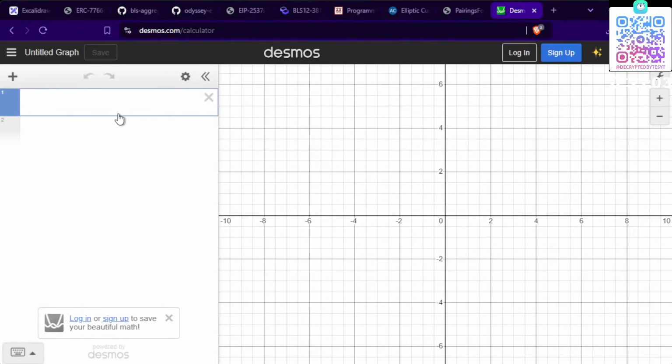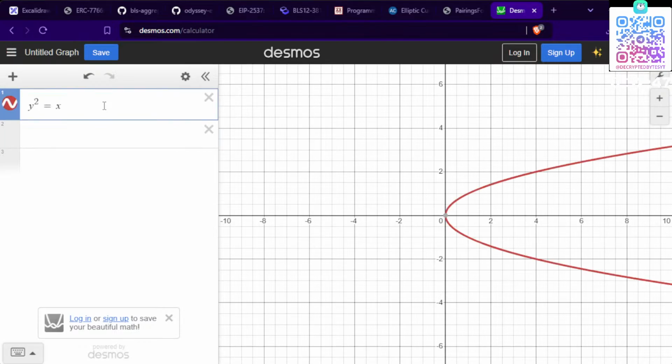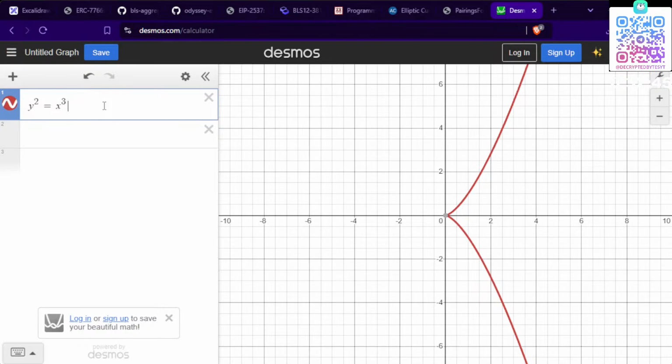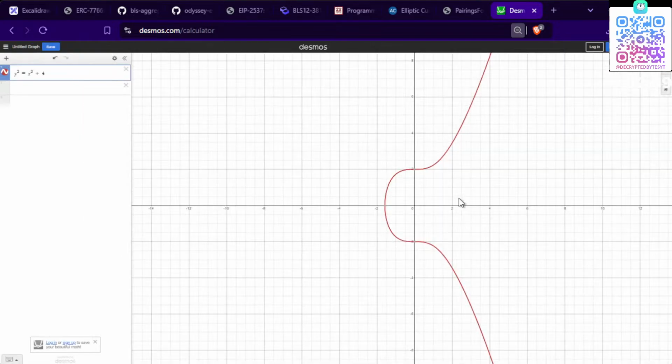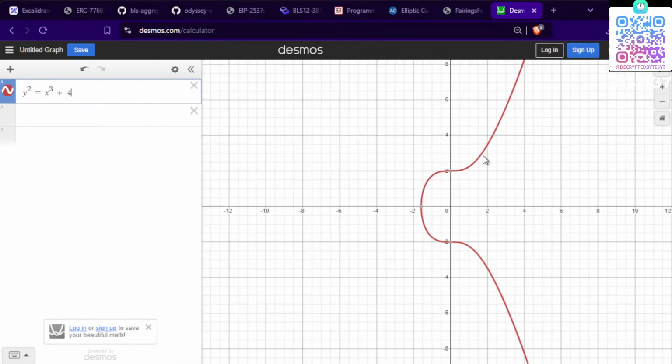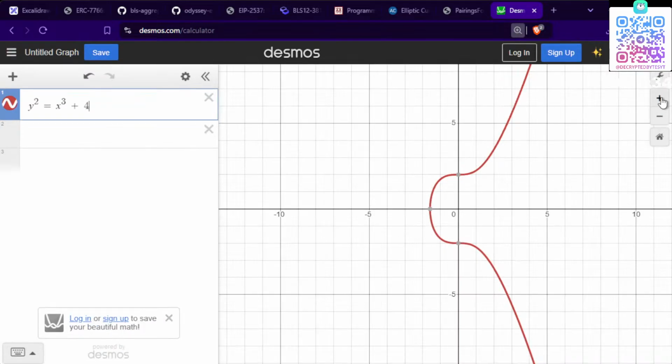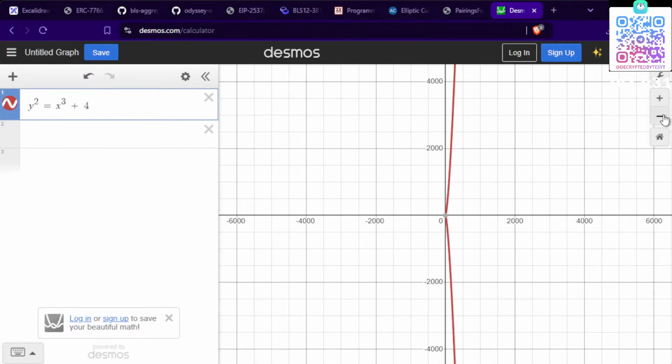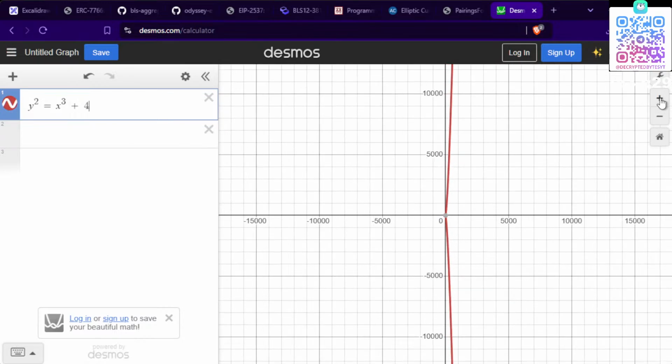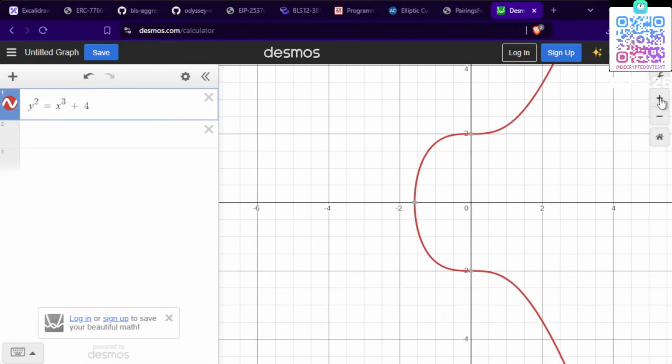Graphing calculator: y squared equals x cubed plus 4. Let me reset it. Yes, you can see this is a curve. This is how it looks.